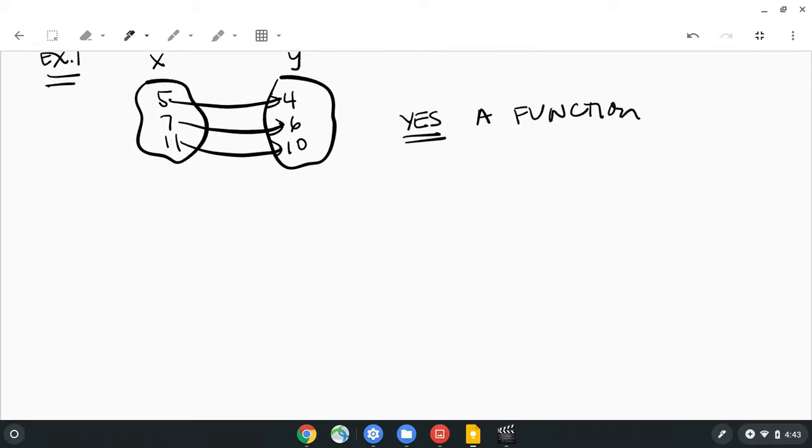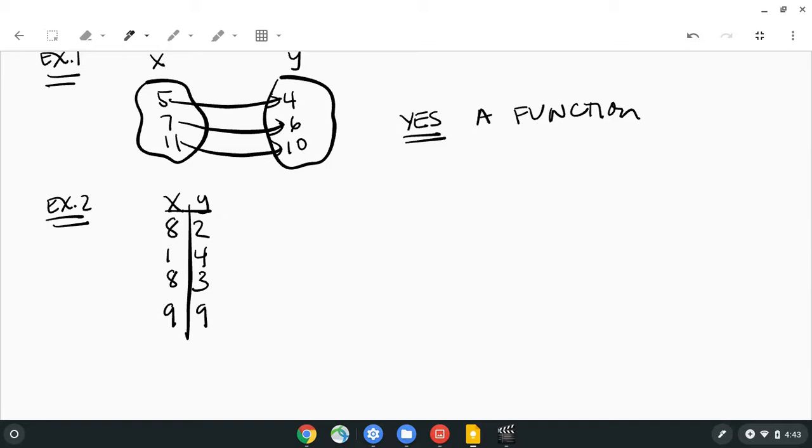All right. Let's take a look at example number 2. Suppose that I have a table of values. Okay. And suppose I have 8, 2, 1, 4, 8, 3, 9, 9.